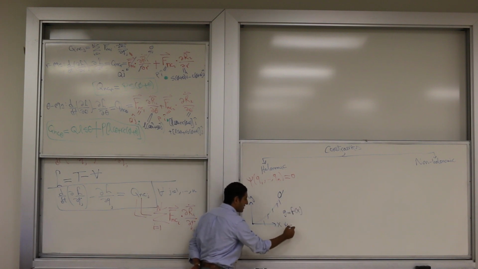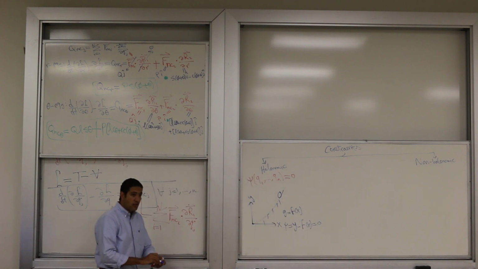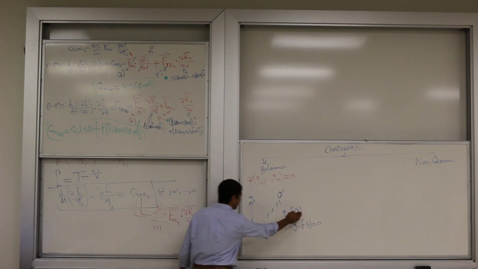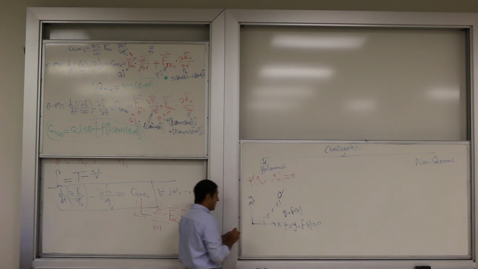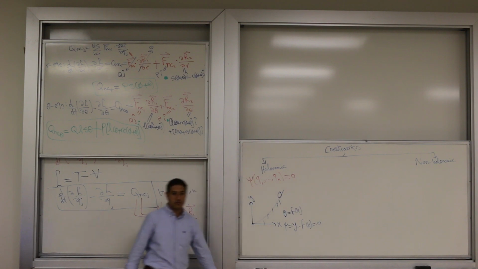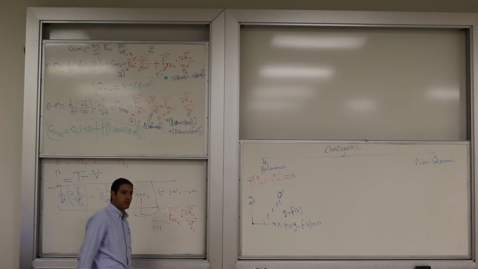So your psi is simply y minus f of x equals 0, right? Whenever you can write an explicit relation between your coordinates x and y, or in the pendulum also x and y, so in general it's psi as a function of all the q's equals 0, then this is a holonomic constraint. Okay? Any question about that? We call this holonomic constraint.